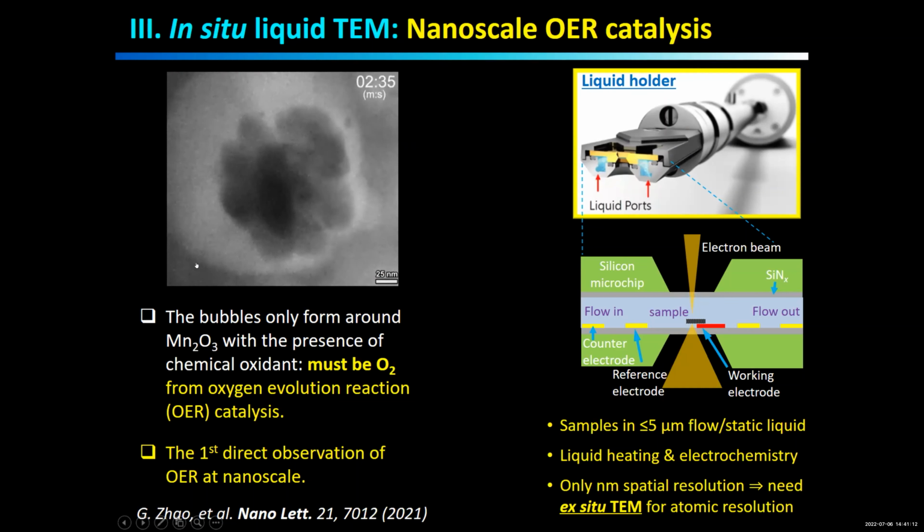True. Yes, but this variation is understandable considering the whole process is very complicated, because when you load the material, it's never at the same location, and the chemical solution may have slightly different impurity.